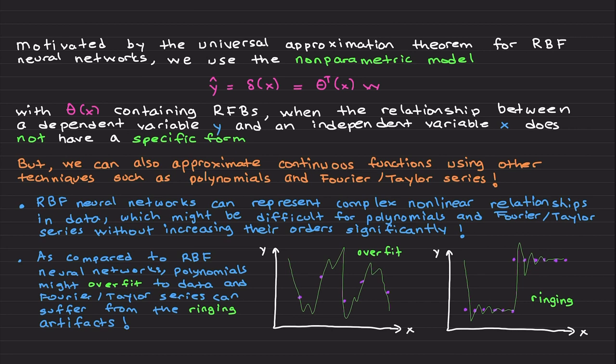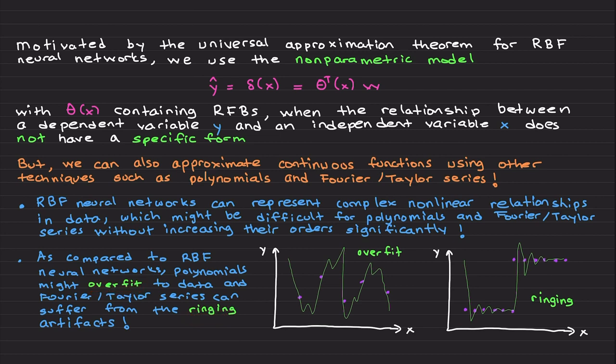The second one, as compared to radial basis function neural networks, polynomials might overfit to data. I will talk about that. And Fourier and Taylor series can suffer from ringing artifacts. Okay, two maybe new words for you: overfit and ringing.